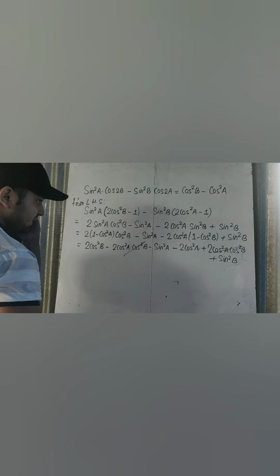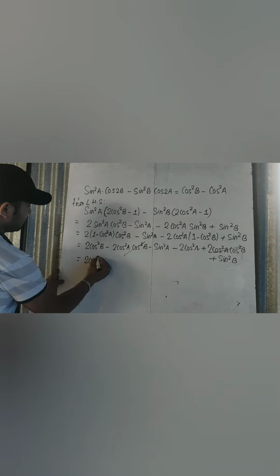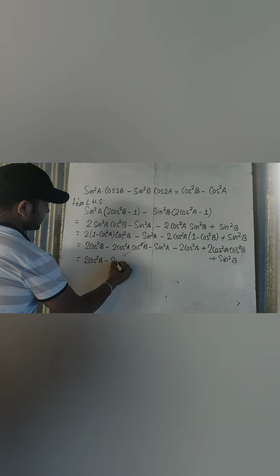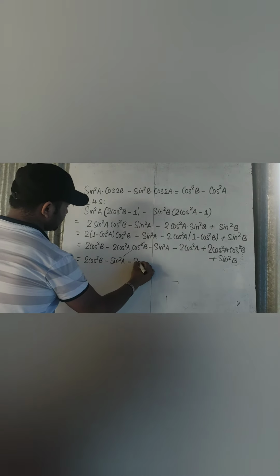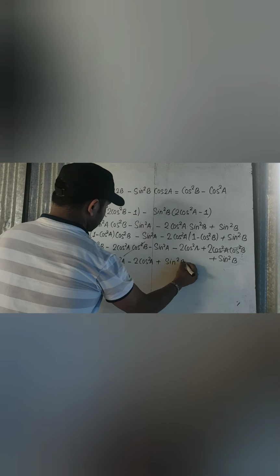Let's see if there is anything else we can cancel. Nothing. So the remaining terms are 2 cos square B minus sin square A minus 2 cos square A plus sin square B.